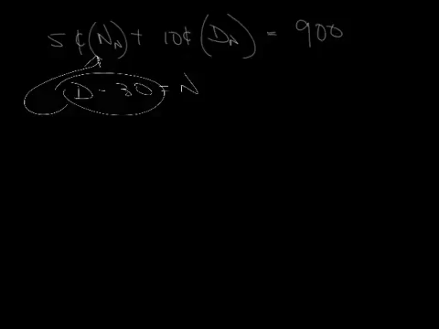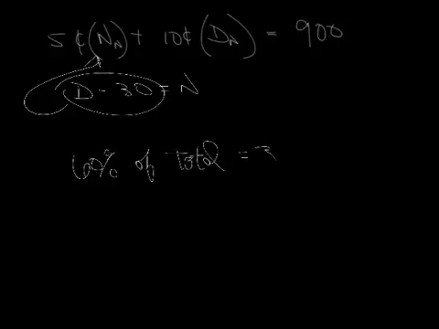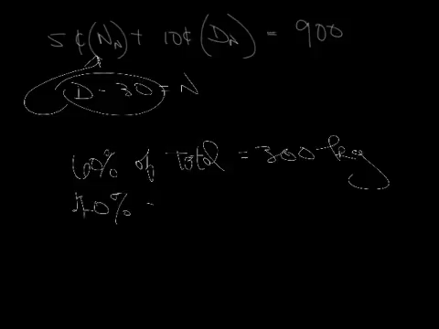If 300 kilograms of other elements were used, so that means 60% of other elements were used. And that 60% of the total gave us 300 kilograms. So 40% of the total was calcium, Ca.